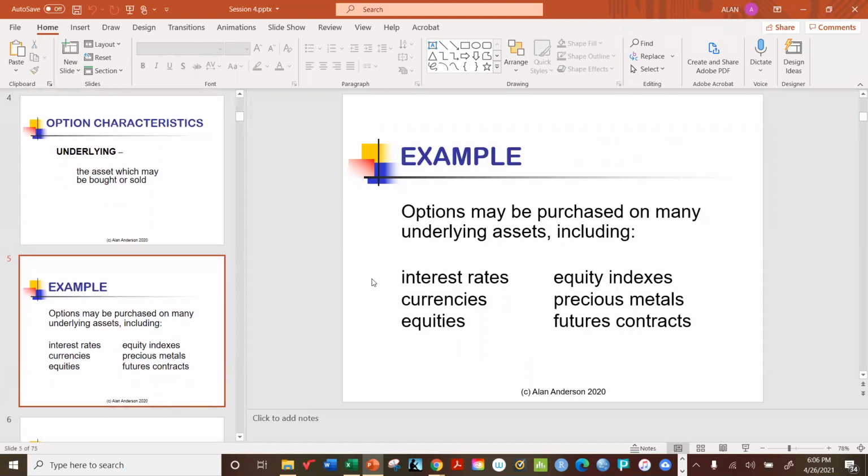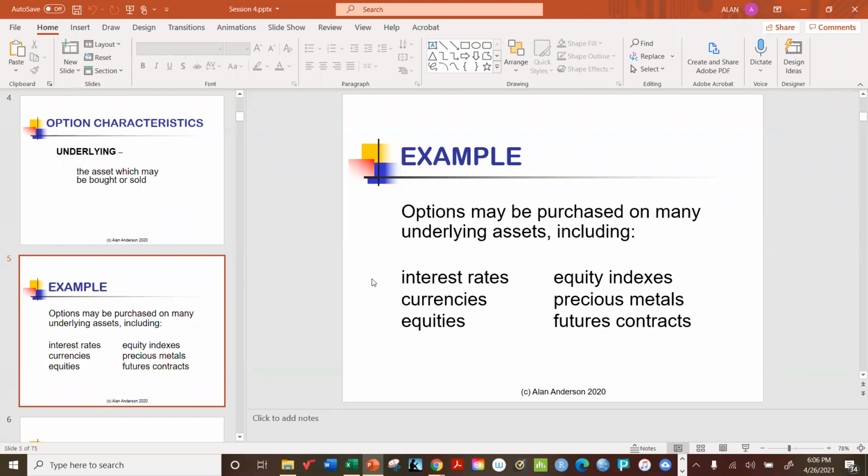You name it, there's an option out there that can be written on that asset. Or in some cases, these are not even assets. For example, equity indexes are not assets. They're just numerical values that represent the overall performance of the stock market. Interest rates as well are not actually assets, but they are an important financial variable. So you can buy options whose value depends on interest rates, currencies, equities, equity indexes, precious metals.